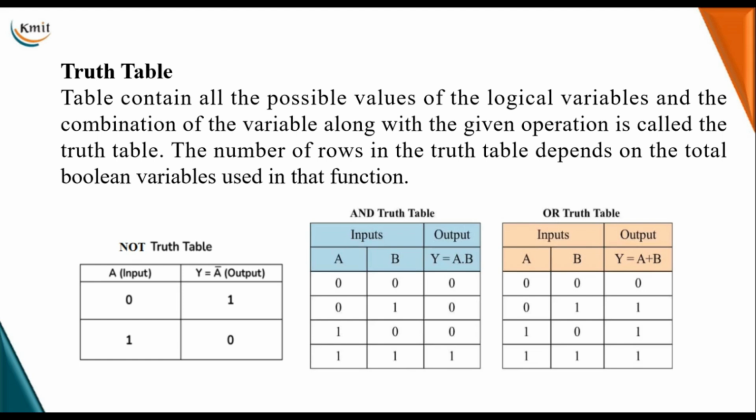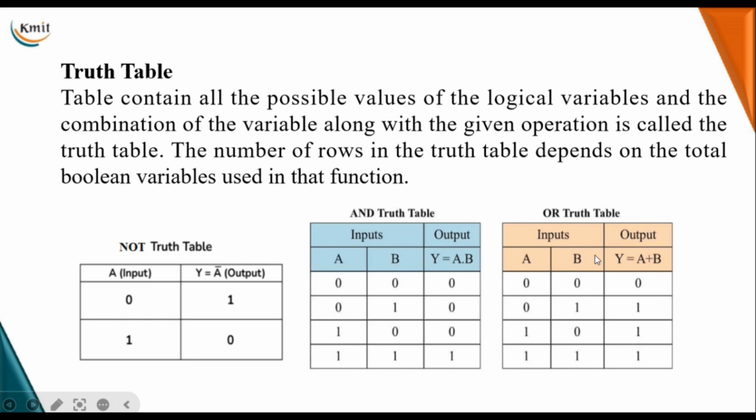Here we have given the three truth tables of the basic operators: NOT, AND, and OR. Since the NOT gate has only one input, we have the possibilities 0 and 1, hence 2 rows, whereas in the AND truth table, since we have 2 inputs, we have 4 rows. For each row, the possible output is defined.